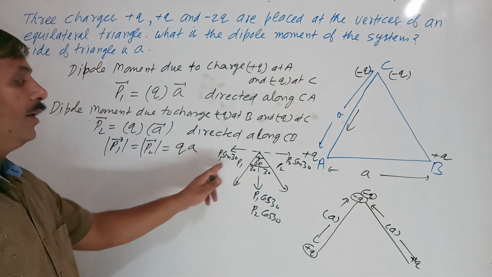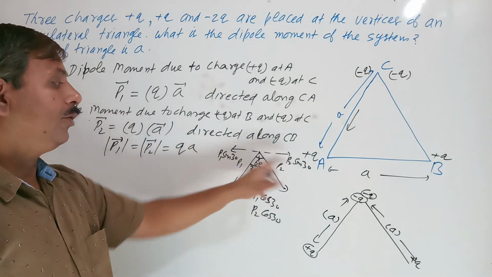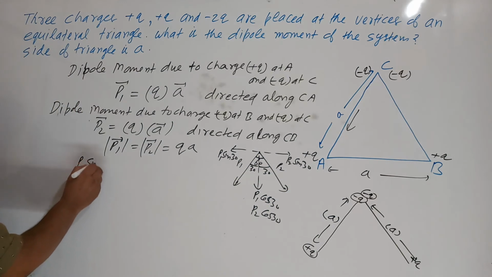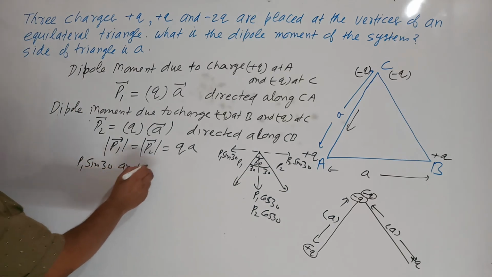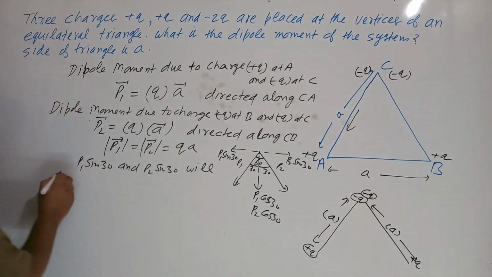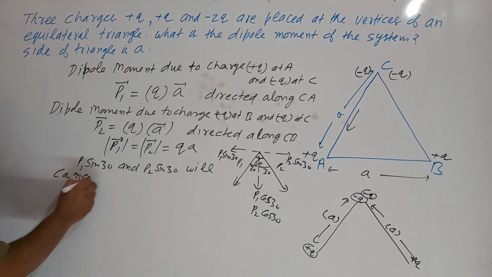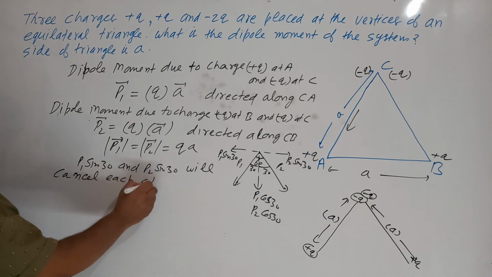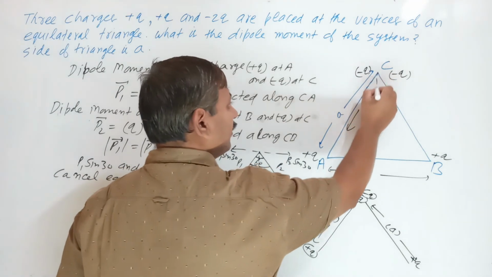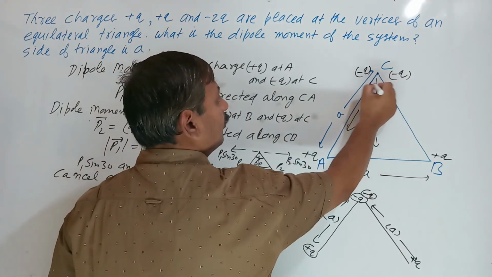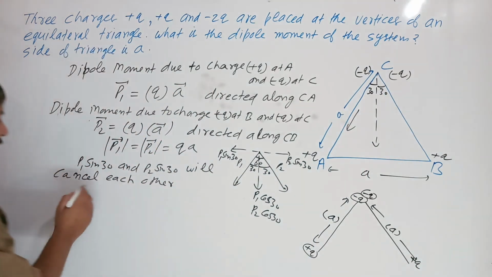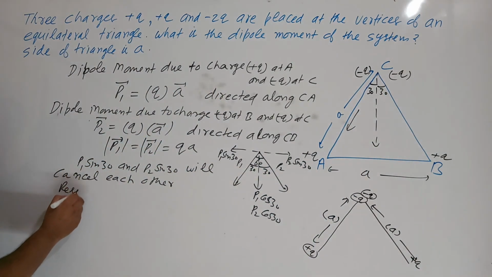You can see P1 and P2 have the same magnitude, so P1 sin 30 and P2 sin 30 will cancel each other. So what will be the resultant? This will be the direction of the resultant. Total 60, so this is 30.